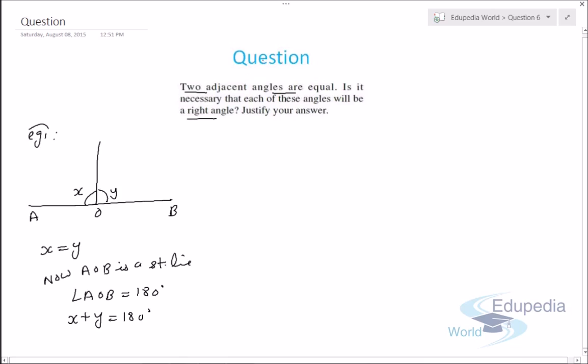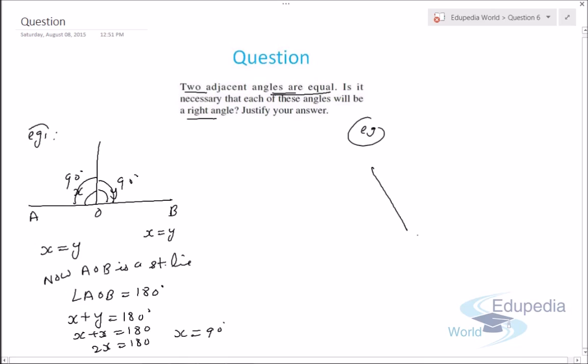Now it's given that two adjacent angles are equal, so X equals Y. This means we can replace Y with X. It will come X plus X equals 180 degrees, 2X equals 180 degrees. So X is 90 degrees. Means if AOB is a straight line and two adjacent angles are equal, each angle will be 90 degrees. Right?